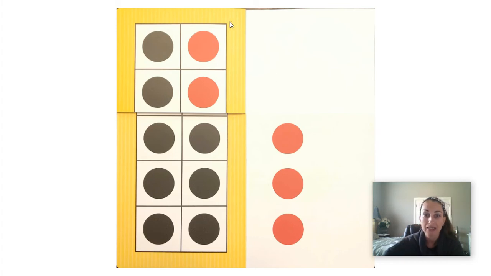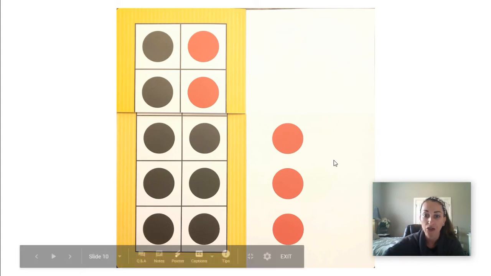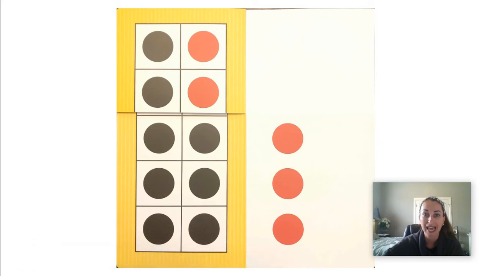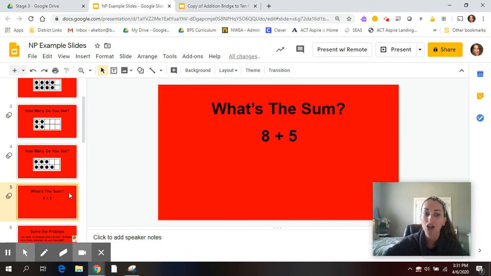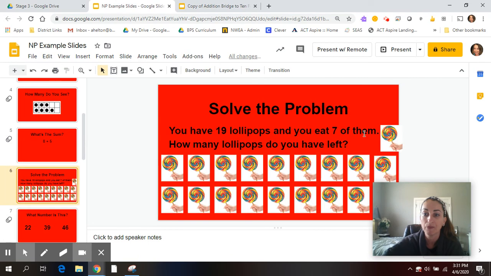Yeah, because there's 2 red dots and 3 red dots, which make my total of 5 red dots. I just moved some of them over to help make 10. And so I hope you were using a bridge to 10 strategy when you were thinking about that 8 plus 5.